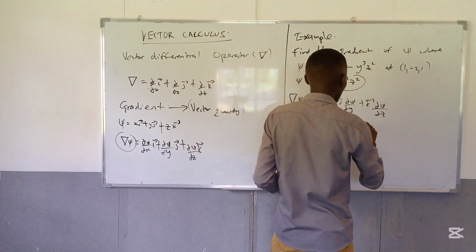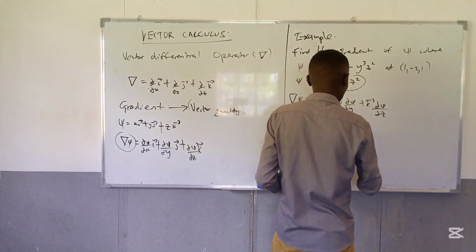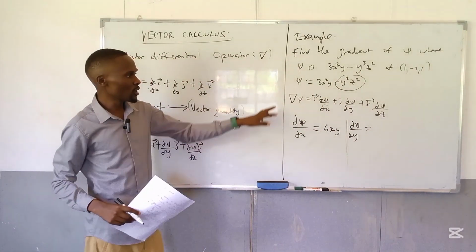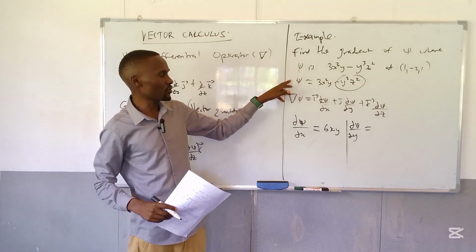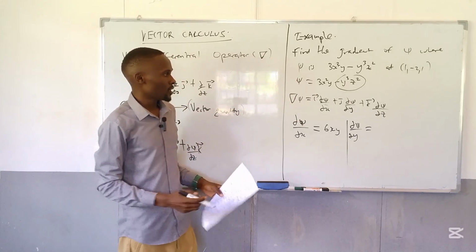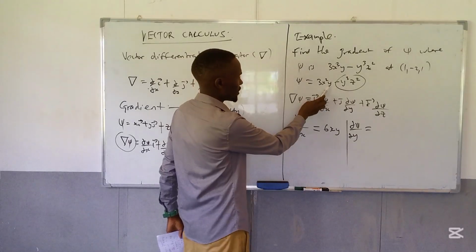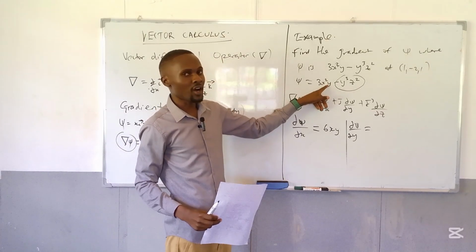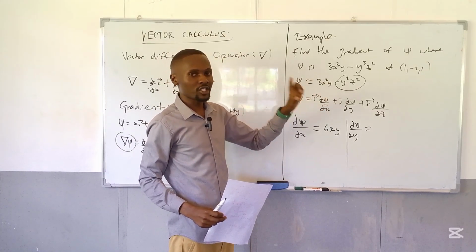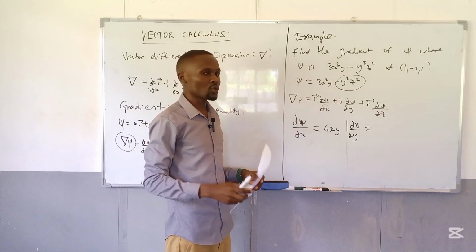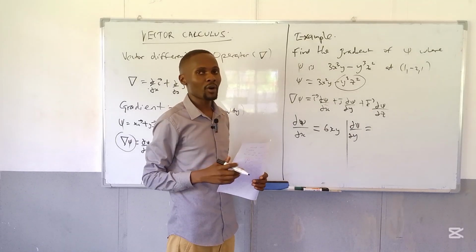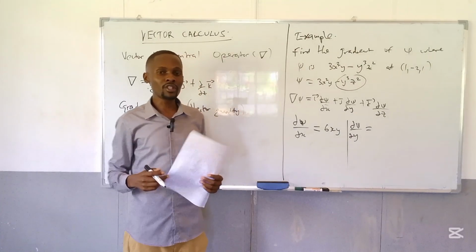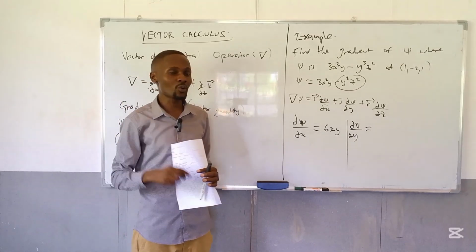Then now we look for the dphi over dy. Still we are considering this expression for phi. Now we are considering this y. When you derive y, the derivative of y alone is 1, because you subtract 1 from the power. 1 minus 1 is 0, and y power 0 gives you 1. Any number power 0 equals 1.